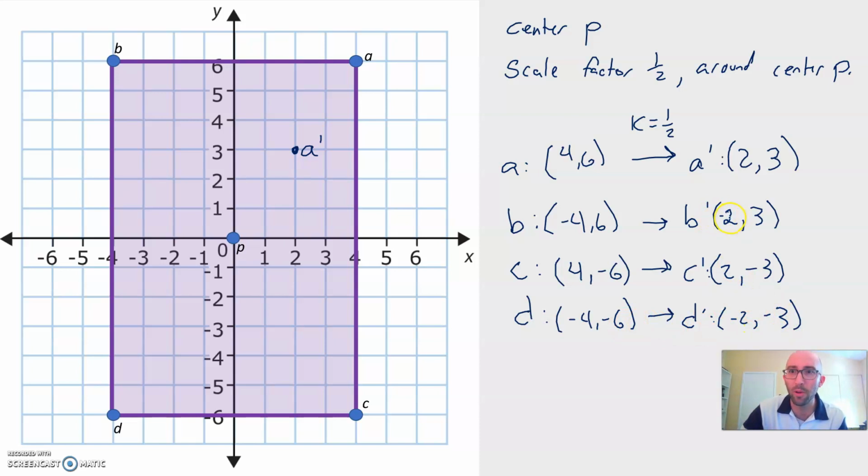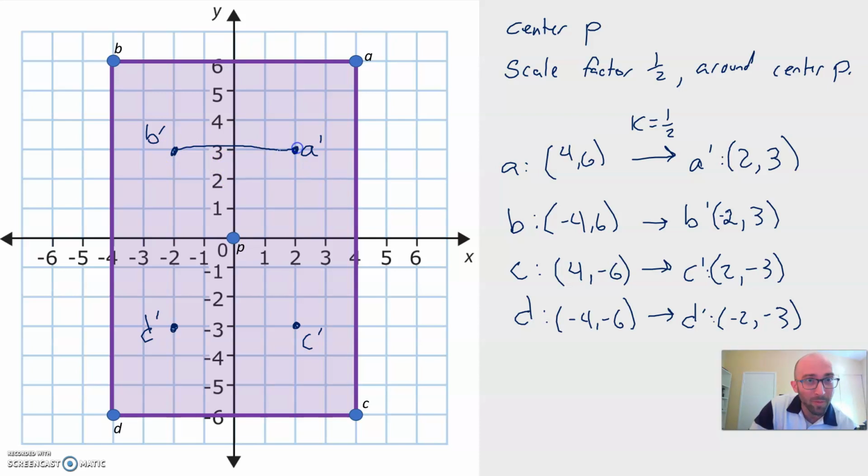All right, let's plot these points. So B prime, (-2, 3). C prime, (2, -3), over 2, down to -3. And D prime, (-2, -3), over to -2, down to -3. I'm going to try to connect these dots, but my pen is a little shaky, so we'll see how this goes.